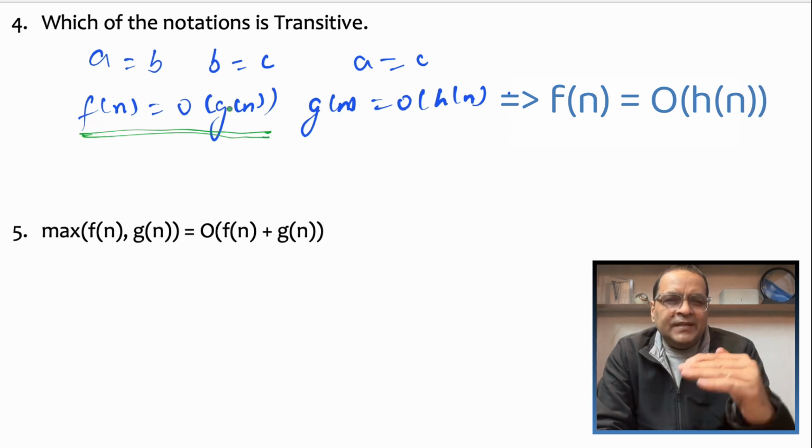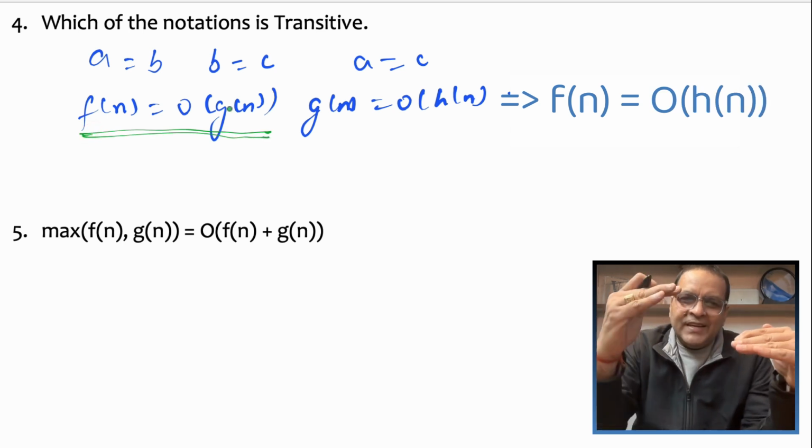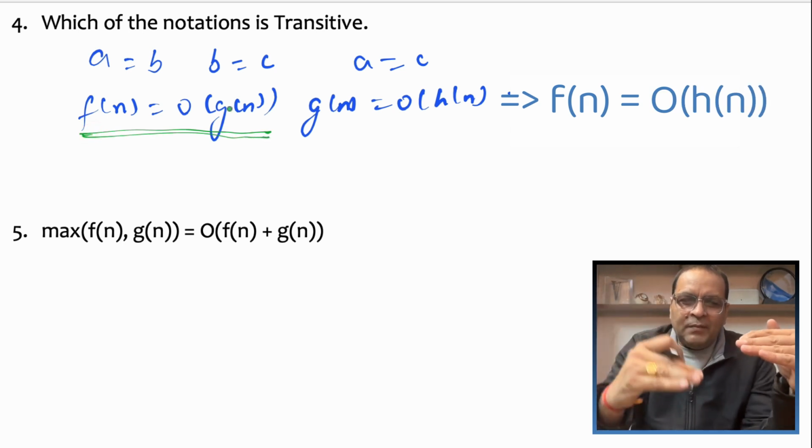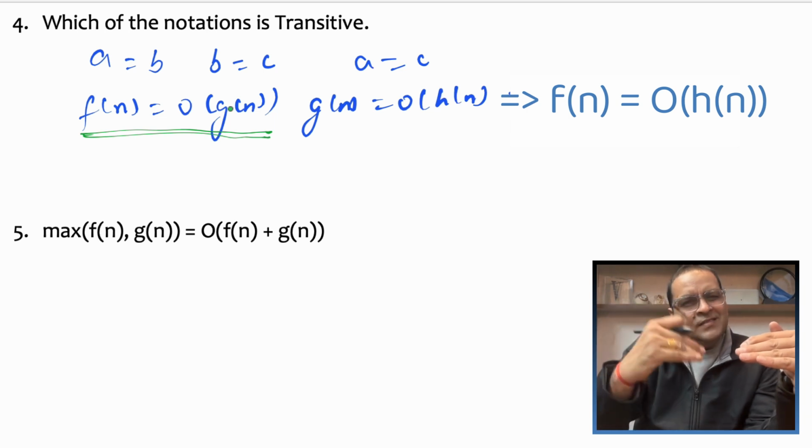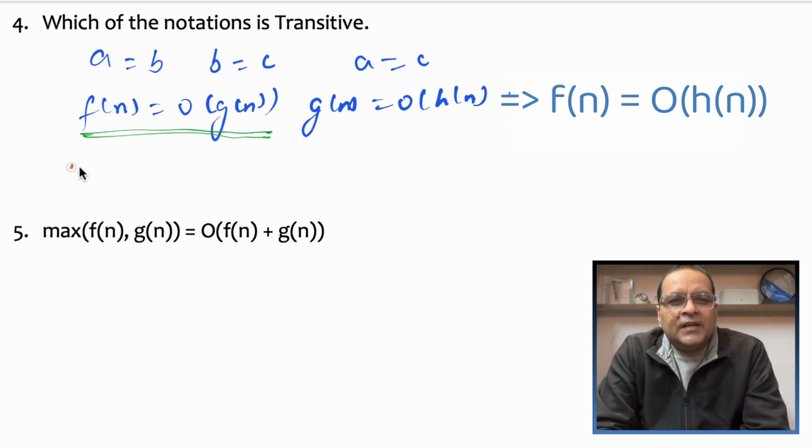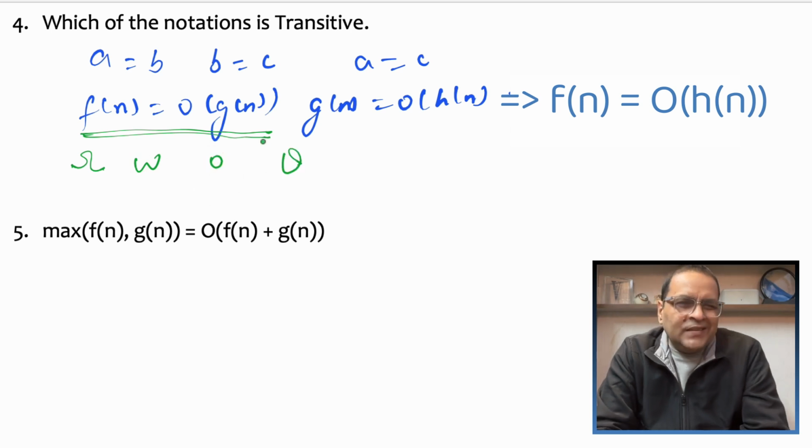Because if g(n) is an upper bound to f(n) and h(n) is an upper bound to g(n), then by transitivity h(n) is an upper bound to f(n). Similarly, the omega relation, small omega relation, little o relation, and theta relation are all transitive relations. So all the 5 notations are transitive by nature.